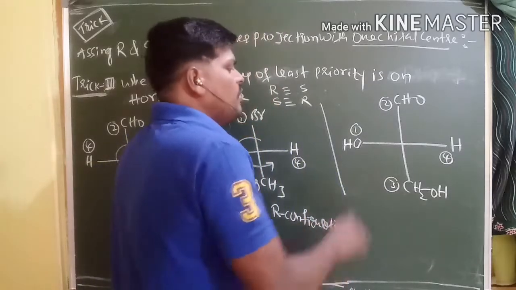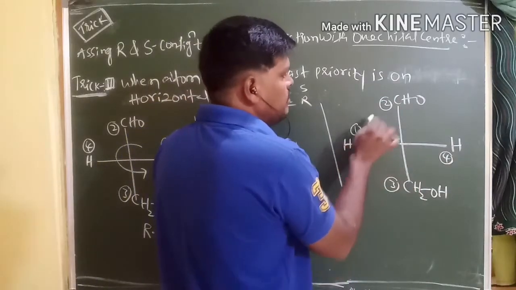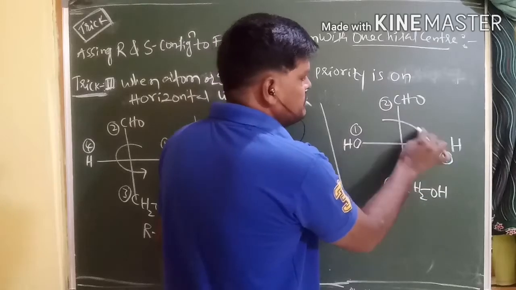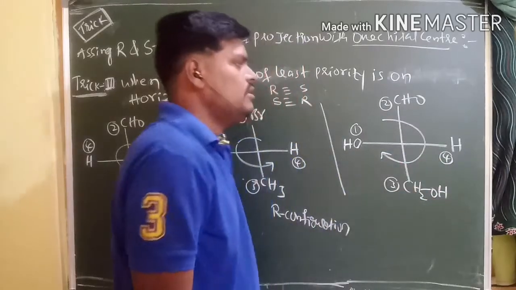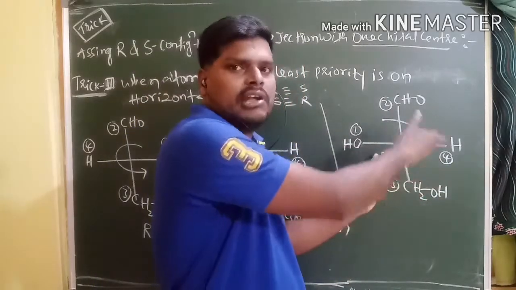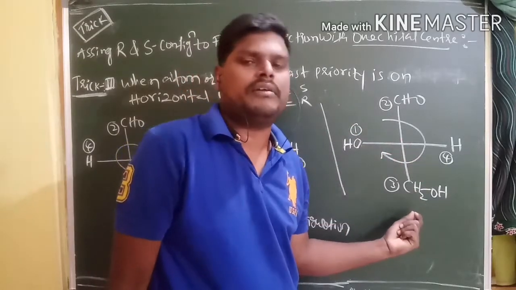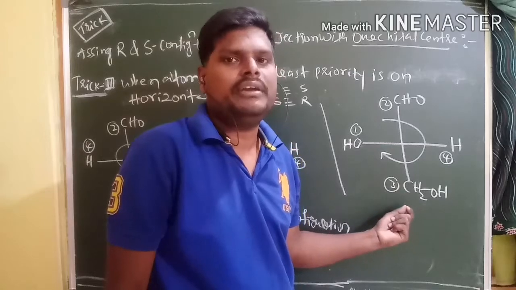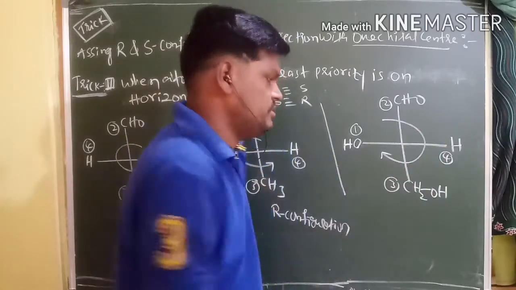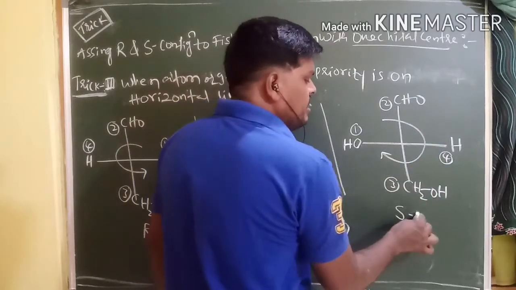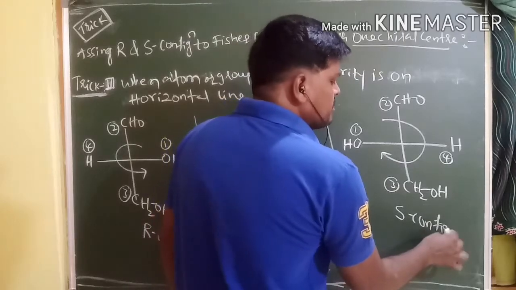So what is the direction for this molecule, sir? 1, 2, 3. So this is the direction for this molecule. Is it clockwise or anti-clockwise? Clockwise. So what is the expected configuration here? R. But I told you already, R will change to S configuration. That's why we take the opposite here. That's why it is S configuration for this one.